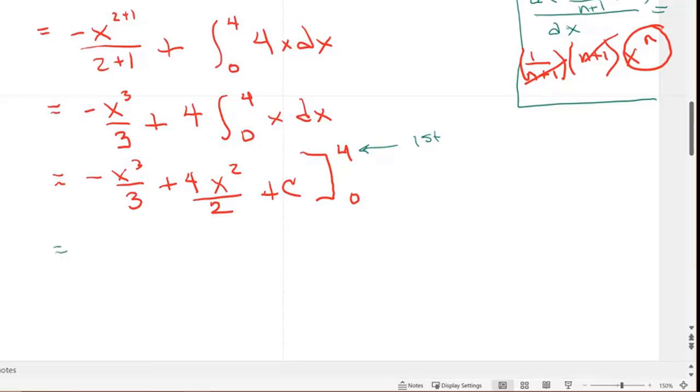So we have negative 4 to the third power, which is 64, negative 64 thirds, plus 4 times 4 squared is 16 halves. Actually, probably should just cancel this, make it 2.